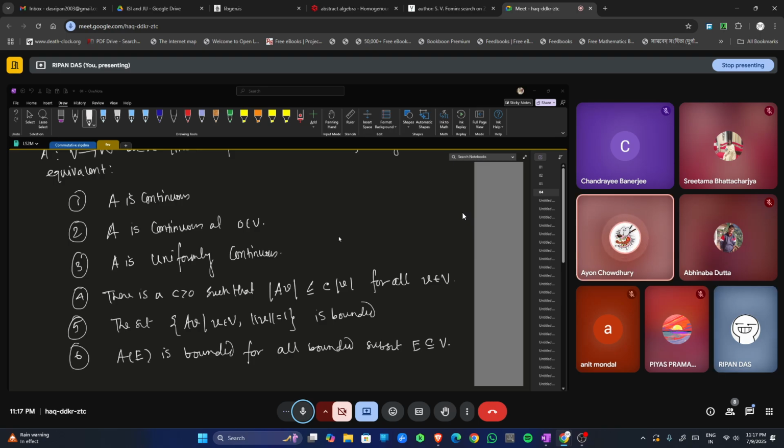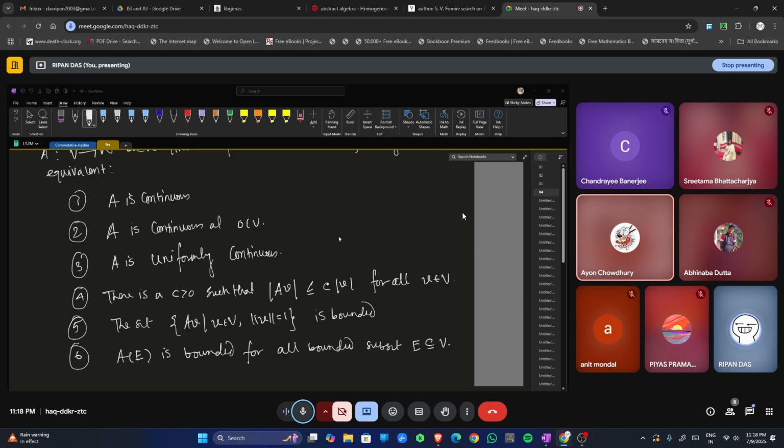Suppose E is a bounded set, then there exists some ball centered at 0 which contains E. If you take some vector from E, you can write it as a multiple of a vector which lies on the unit sphere.